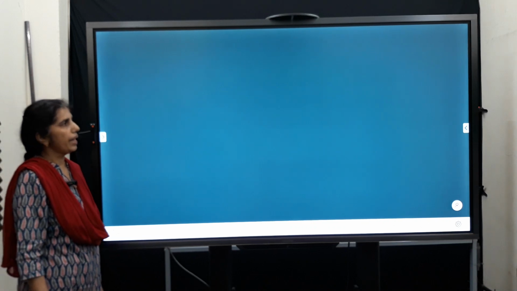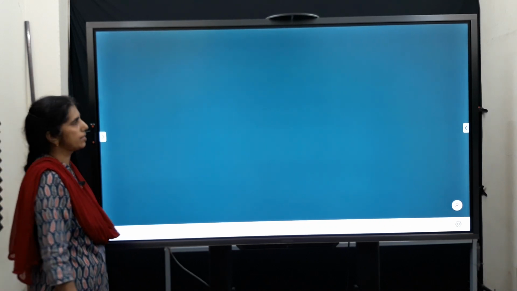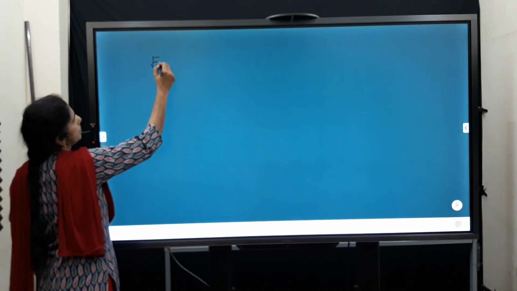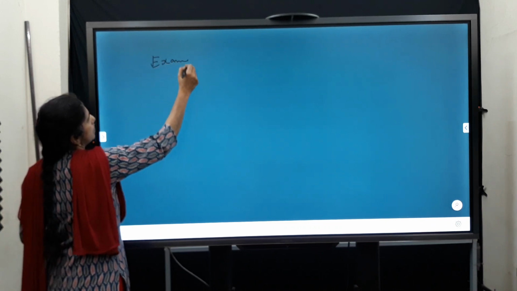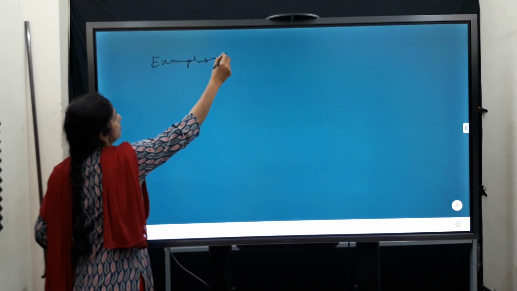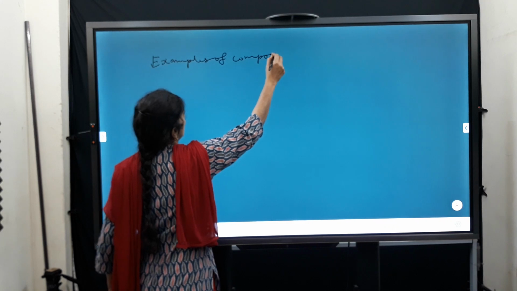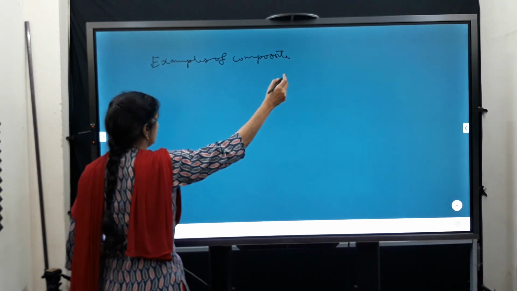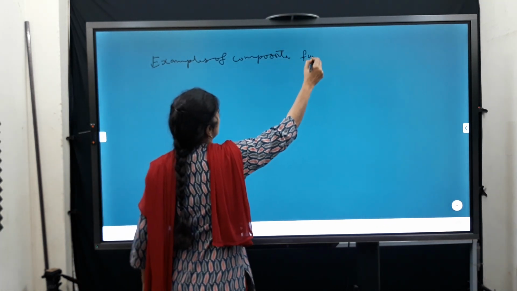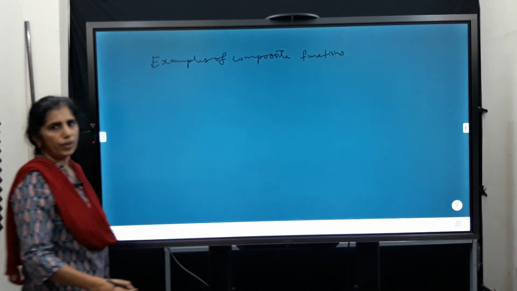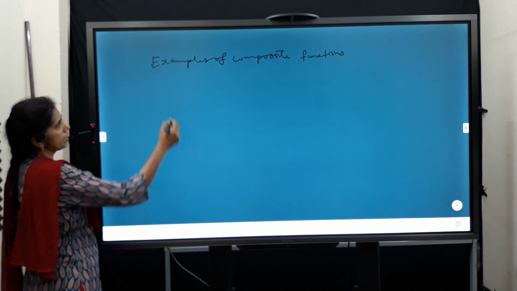Next, let us take some examples of composite functions. Which are the composite functions?